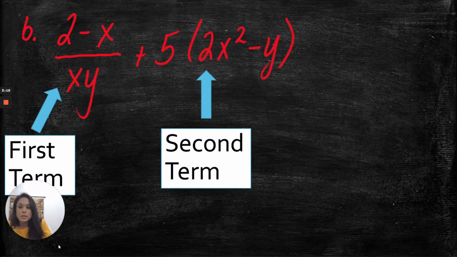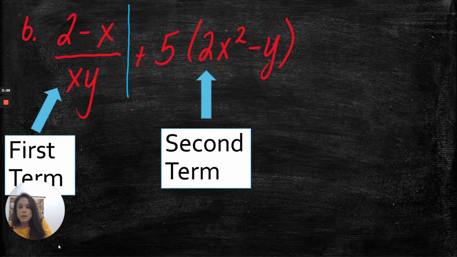And this entire piece here is the second term. So here in this example, 2 minus x over x times y plus 5 times what's in parentheses, 2x squared minus y. So we're looking for our positive and negative, our minus signs. I see my plus sign right here. I'm going to put a line.